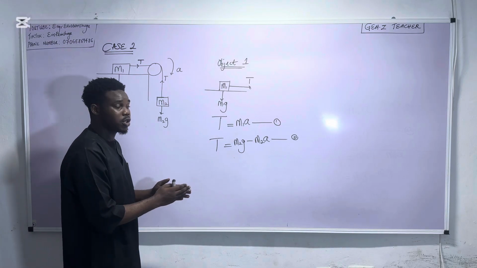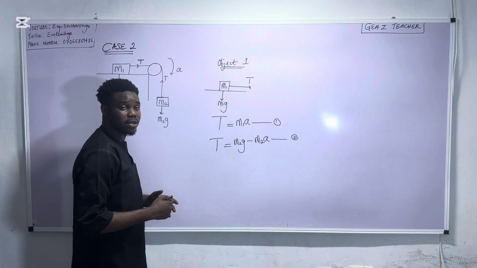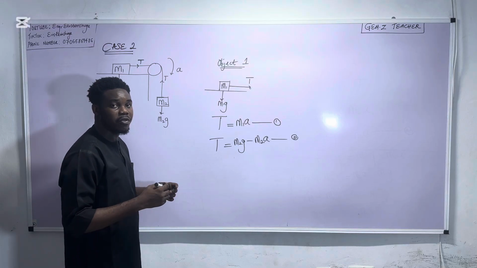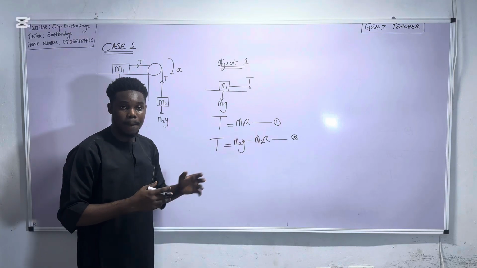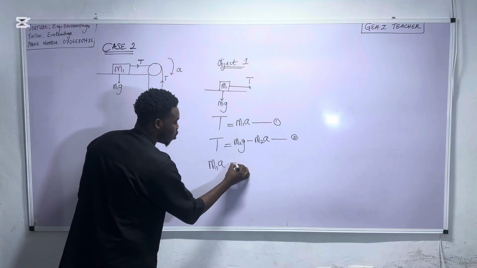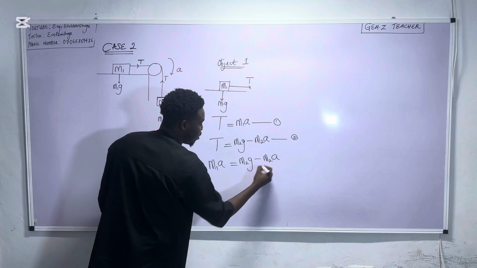Now we have two equations, T equals M1A and T equals M2G minus M2A. Remember, T equals T. We're going to equate them to find the value of A. M1A equals M2G minus M2A.